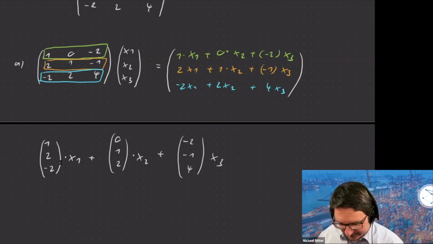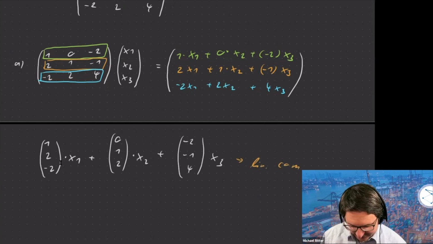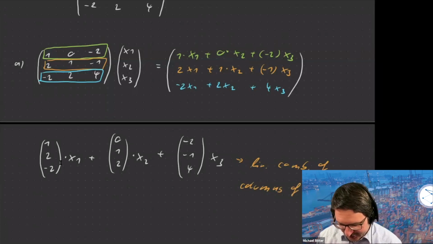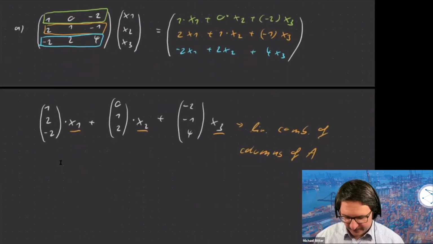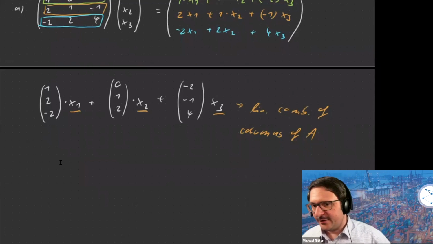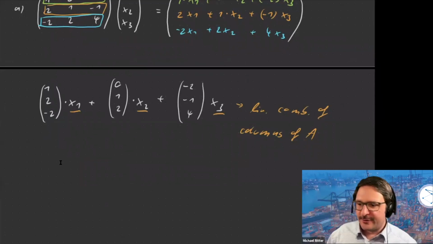So this here is obviously a linear combination of the columns of A with coefficients x1, x2, x3. So in this case, the desired coefficients are mu1, mu2, mu3.